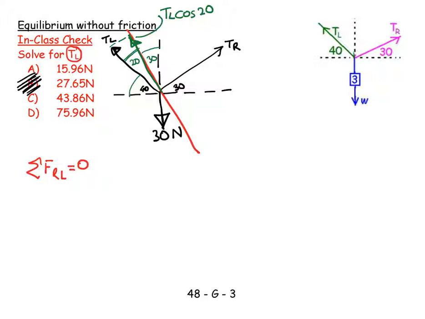I have to be able to work out what the angle is between TL and my axis using geometry. It needs a good diagram. If I look at the 30 Newton, again, the 30 Newton is the hypotenuse. So I have the component of the 30 Newtons along the red axis, and that's going to be 30 cosine, and the angle is going to be 30 degrees.